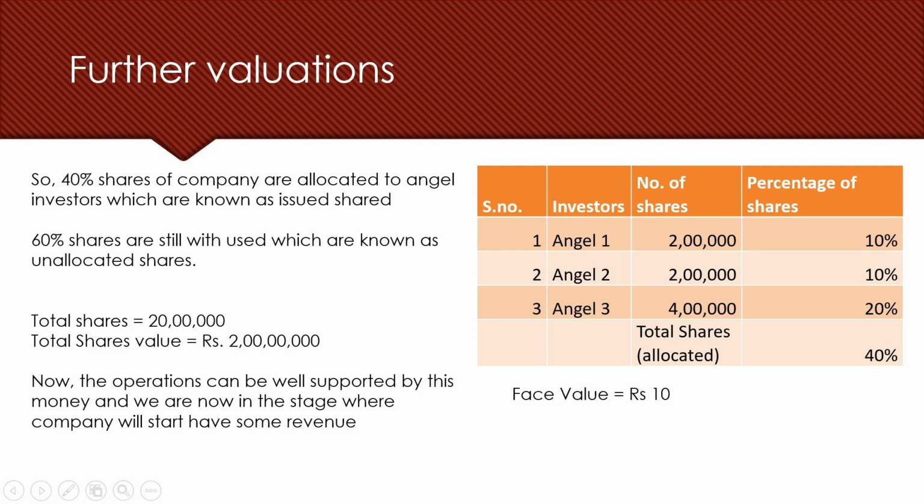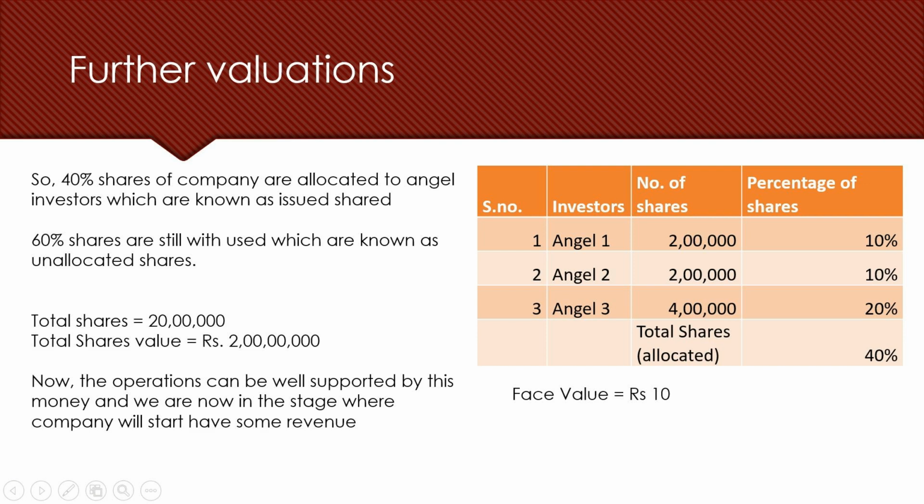Angel 1 will get 10% share, angel 2 will get 10% share, and angel 3 will get 20% share of your company. So the total share that is allocated is 40% and is known as issued share. Secondly, 60% of the shares are known as unallocated shares that are still with the company.